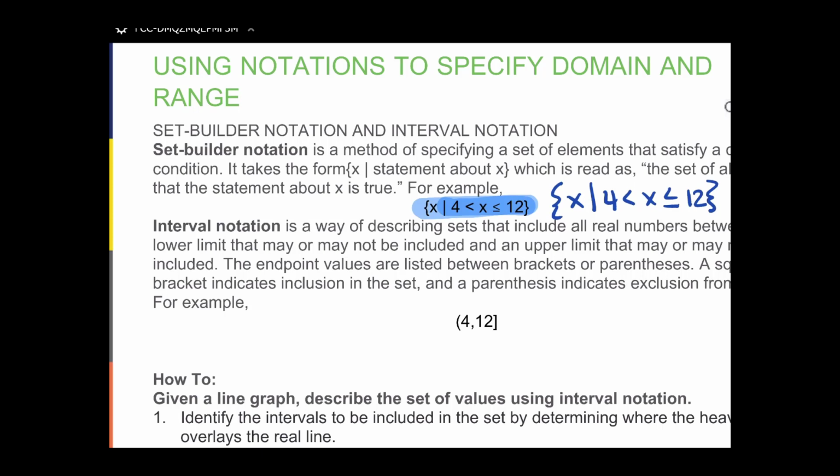And it reads that way: x is all the numbers such that 4 is less than x is less than or equal to 12. So basically we're saying that x is all numbers between 4 and 12, including 12. And then we have interval notation. So we've talked about both of those now.